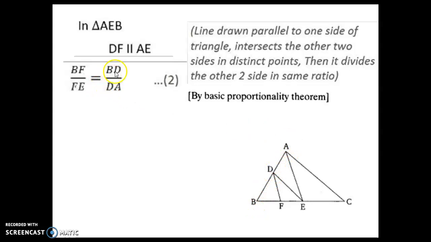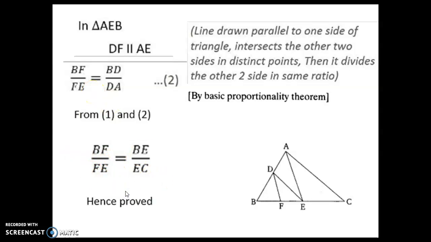So BD by DA is there in equation 1 also, and equation 2 also. So we can equate BF by FE equal to BE by EC. The RHS of both the equations is the same, so the LHS can be equated. That's why we get the answer, hence proved.